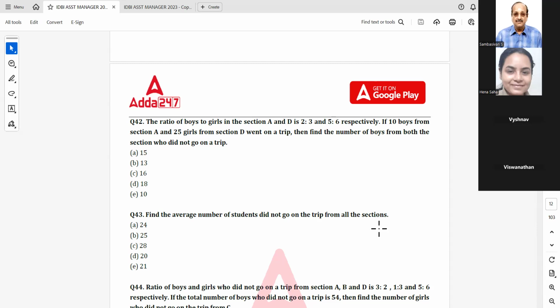86 is coming. Find the average number of students who did not go for the trip. 86 divided by 4 is equal to 21 or 22, somewhere around 21.5. Total how much? 96.